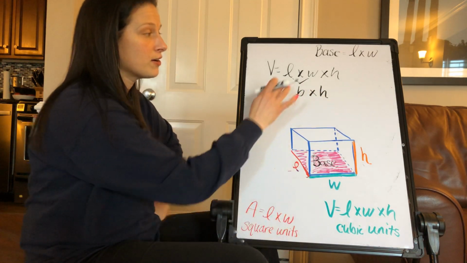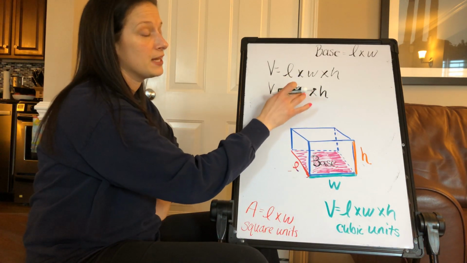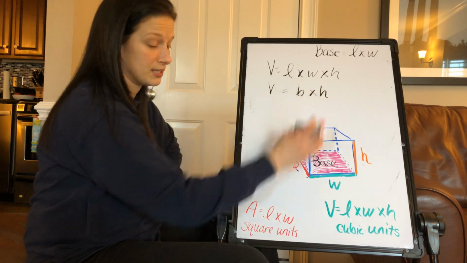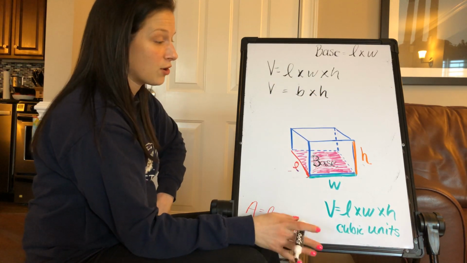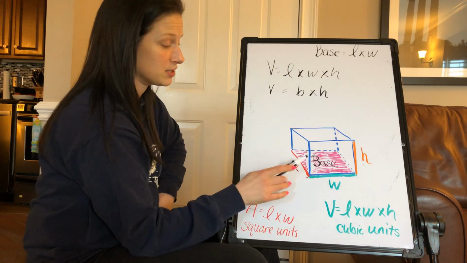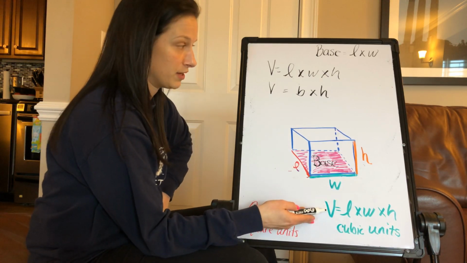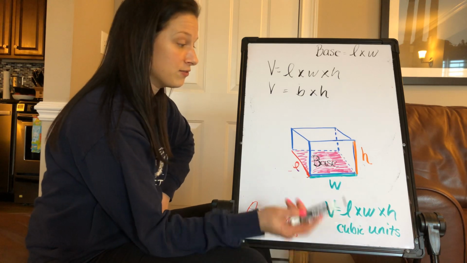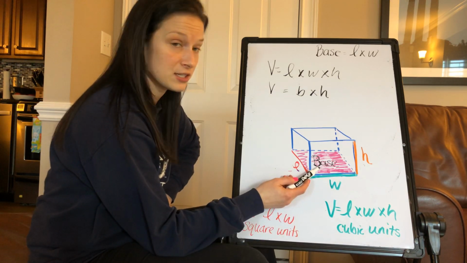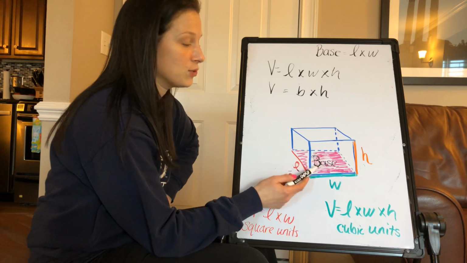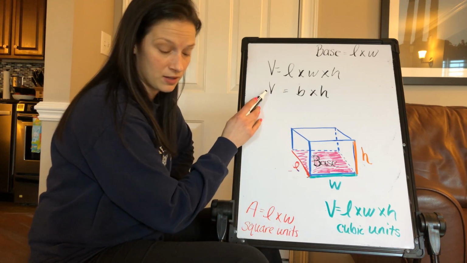So the other formula for volume is base times height. Okay, so if they give you the three dimensions, the length, the width, and the height, you choose to use this formula. If they give you the base, the square units of the base, then you would use this formula.